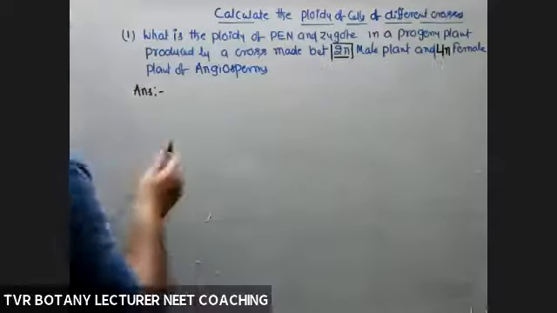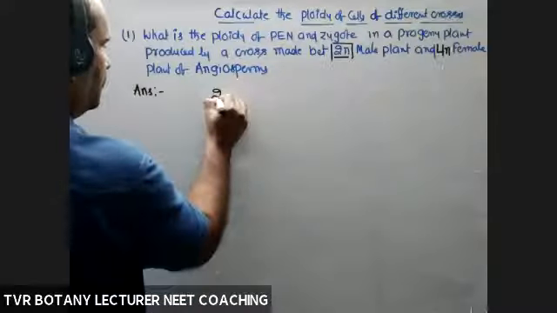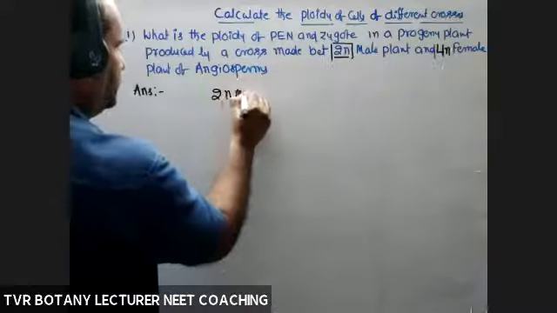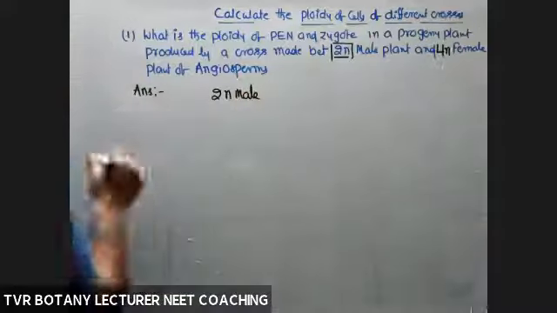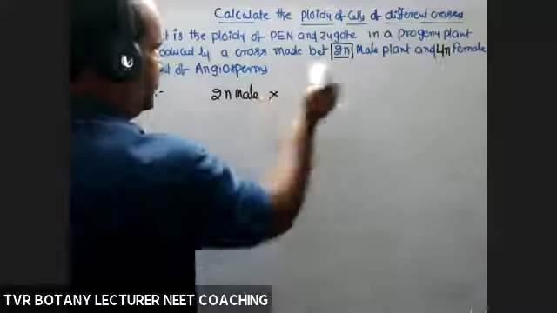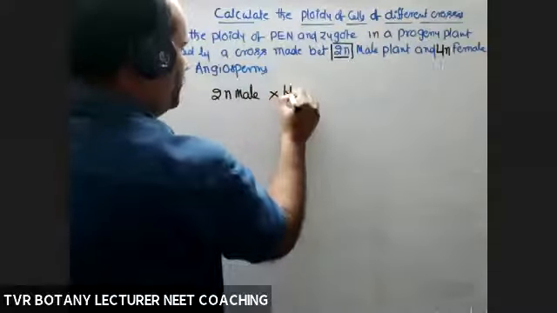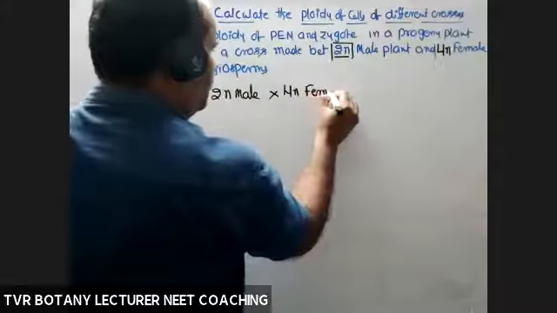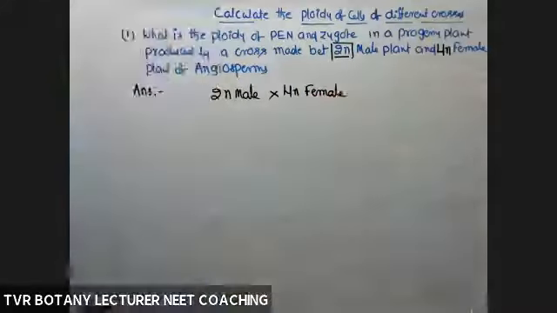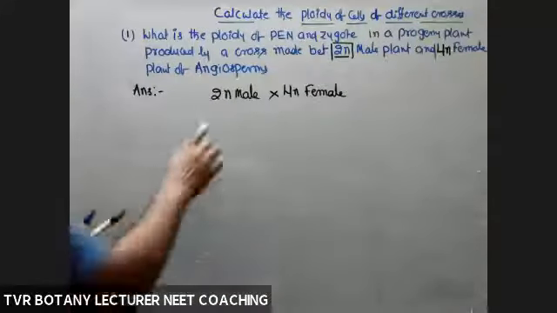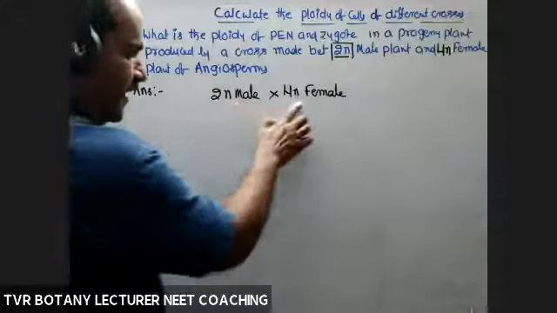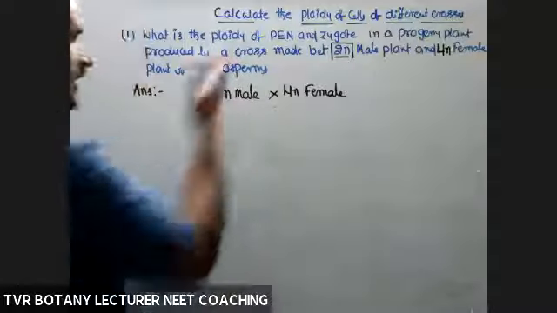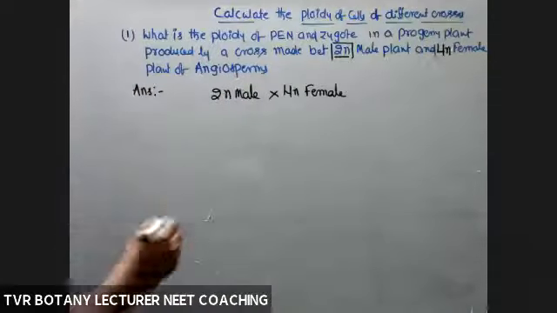So this 2n parent is used as male parent, and the 4n parent, tetraploid, is used as female. If the cross is between diploid male and tetraploid female, what about the ploidy of PEN and zygote?